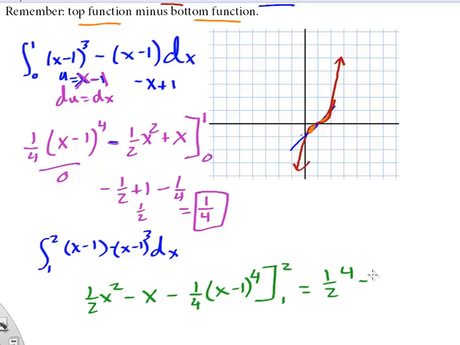Okay, minus the plug and chug of 2 is 2, minus the plug and chug of a 2 here will be 1 to the 4th, so the only thing left will be minus a 4th. At 1, we are going to be then subtracting at 1 a half. We are going to be plugging in a 1 here, and we're going to be subtracting.